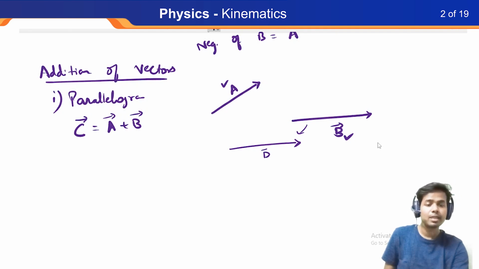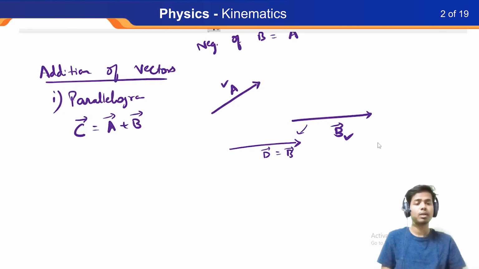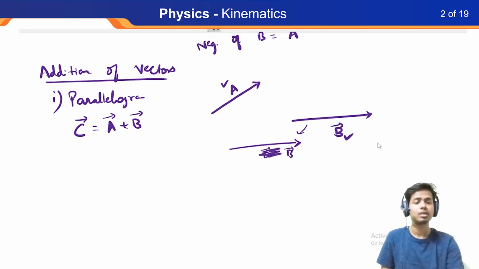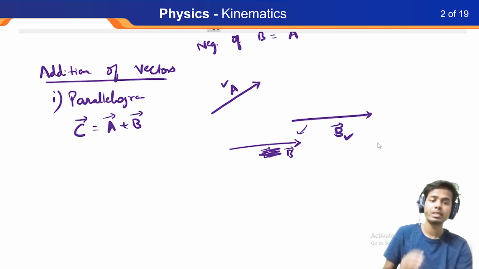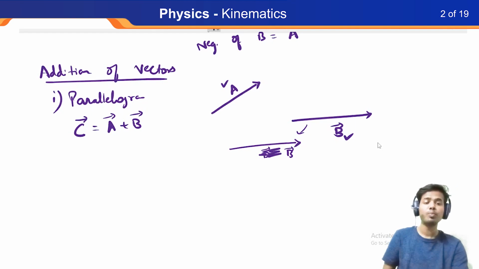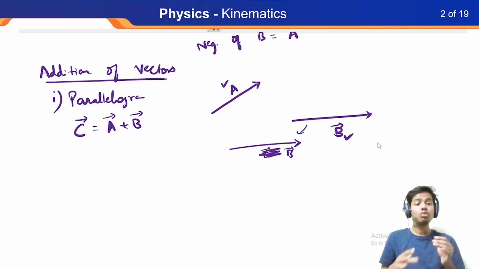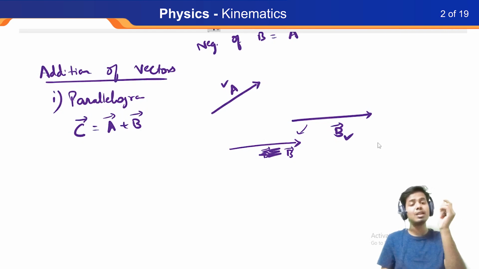Can I say that this d vector is actually equal to b vector? Of course I can say. Or I can even go on to say that this is actually b vector, nothing else. Nobody can say it is wrong. What that means is, you can drag any vector into any other position without changing the direction or the magnitude, and the vector will remain the same.